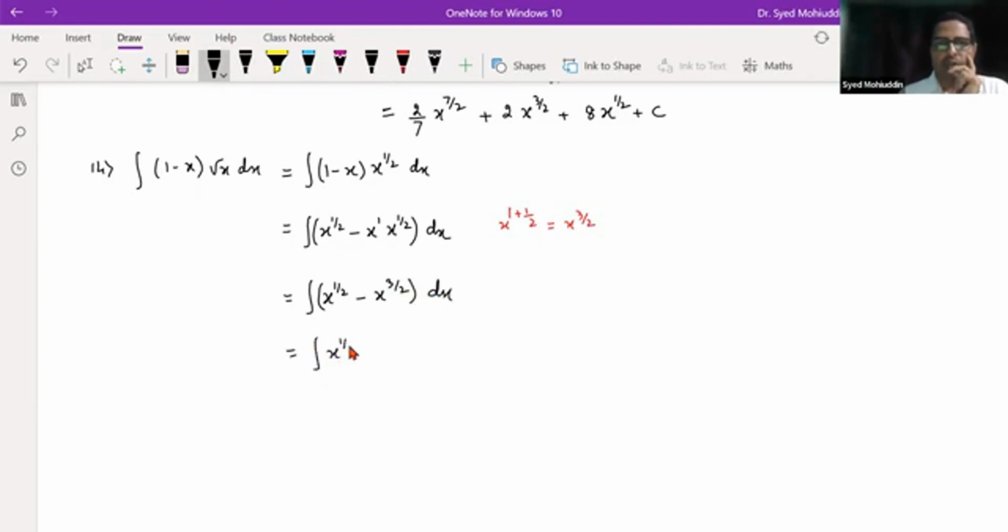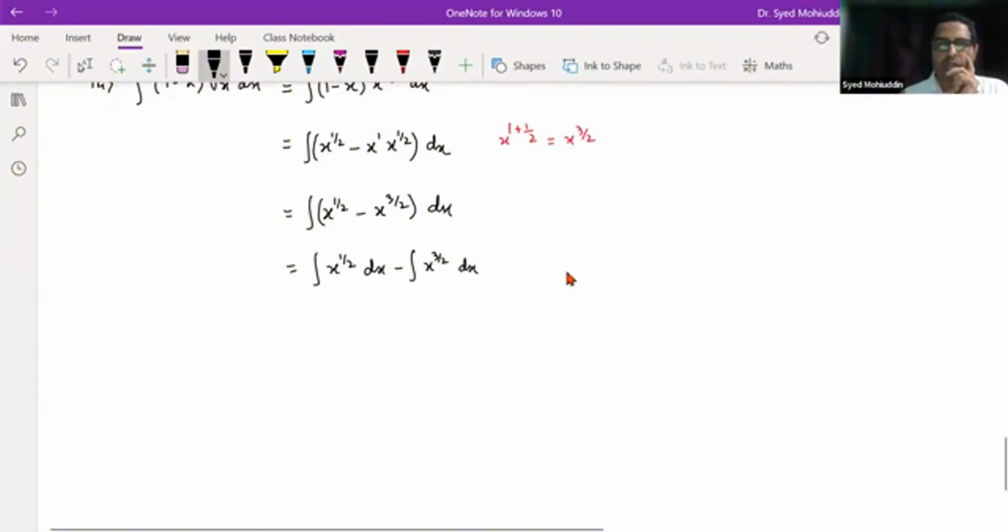Integral of x power of 1 by 2 times dx minus integral of x power of 3 by 2 times dx. So again, just using this standard formula of integral of x power of n equals x power of n plus 1 by n plus 1, plus the constant of integration c.